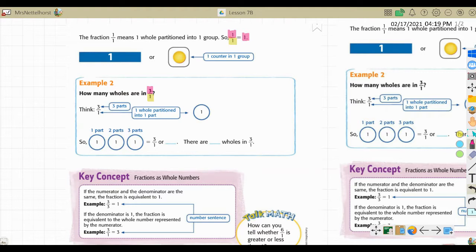So you have 1 part, 2 parts, 3 parts, or 3 1-wholes, or 3 over 1, or 3. There are 3 wholes in 3 over 1. Okay, your denominator is 1, so your whole number is equal to your numerator. Right there.